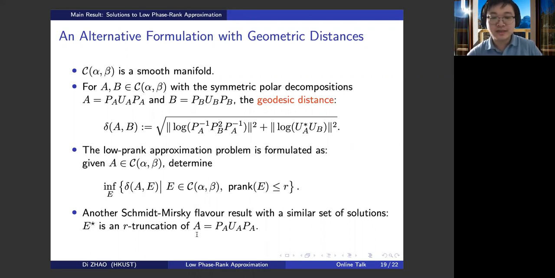In this way, if we allow E to have full phase rank, then E will just become A, and that's the best approximation.